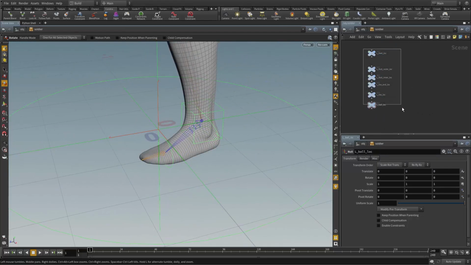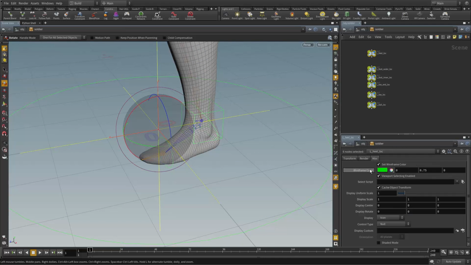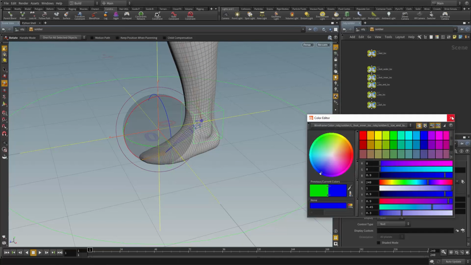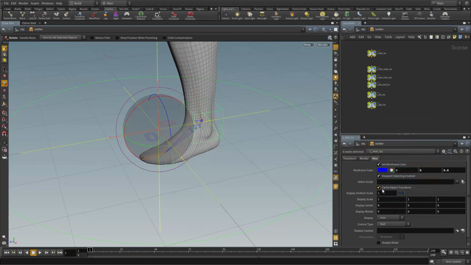So all of these, I'm going to color them blue just to make them distinct from the other nulls. And I'm going to make them quite small.